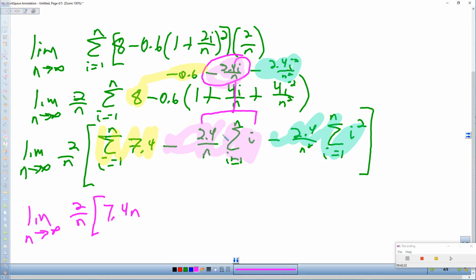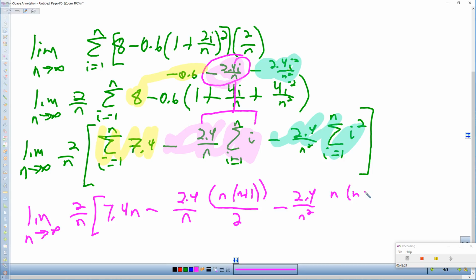The next one, the i rules, is going to have minus 2.4 over n times n plus 1 over 2. That's just using our rule from the book. Minus 2.4 over n squared, again just using the rule, times n plus 1, 2n plus 1 over 6, I believe. Okay?